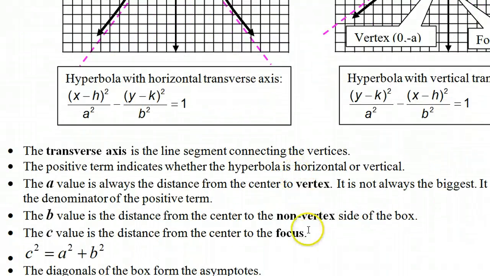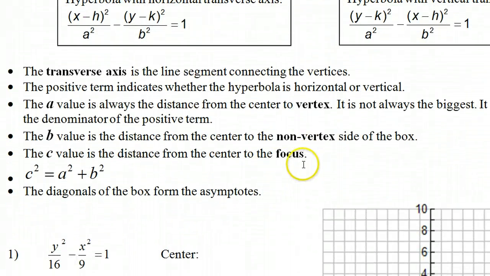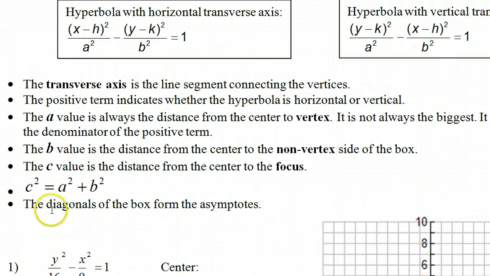One more main thing to point out to you. Basically, these are all saying what I was just saying to you. The relationship between the A, the B, and the C. For hyperbolas, C squared is equal to A squared plus B squared, just like the Pythagorean theorem. When we did ellipses, it was A squared minus B squared, so you have to get used to that difference.